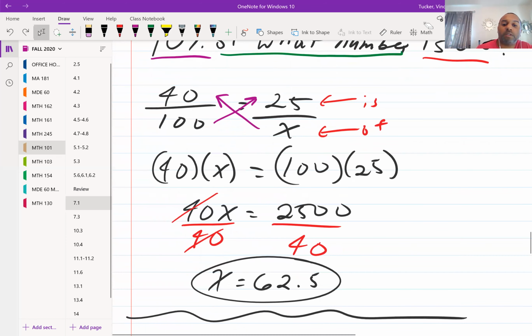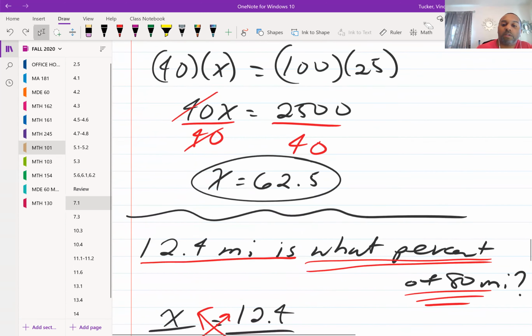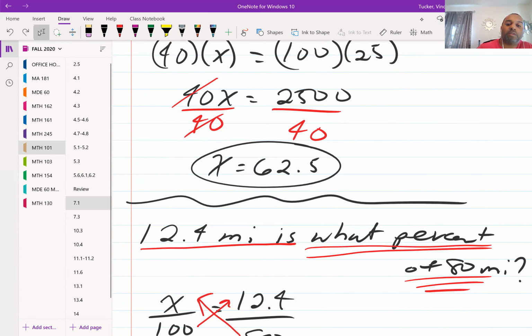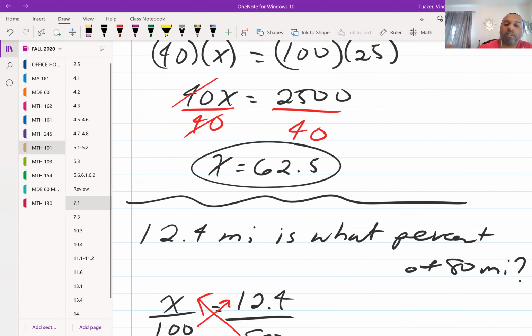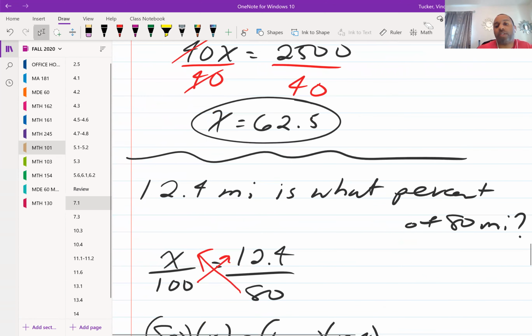All right. So another similar exercise. 12.4 miles is what percent of 80 miles? So once again, 12.4, that's going to be our is, because that's what it's attached to.